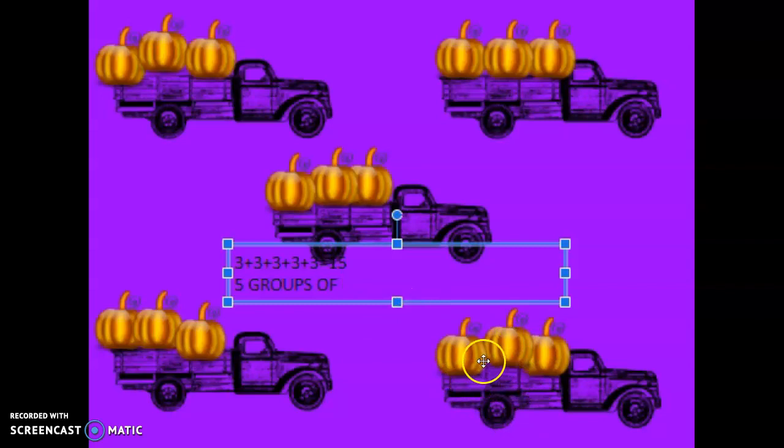So I have 1, 2, 3. So I have 5 groups of 3. I can actually translate that now into a multiplication sentence where I have 5 times 3 is our problem. 5 times 3 equals 15.